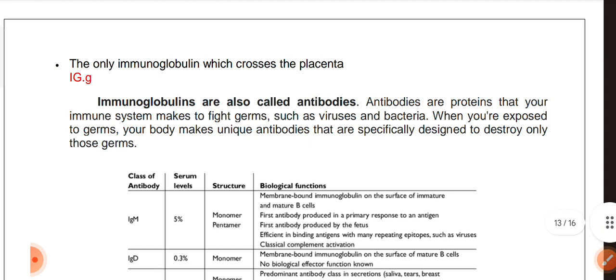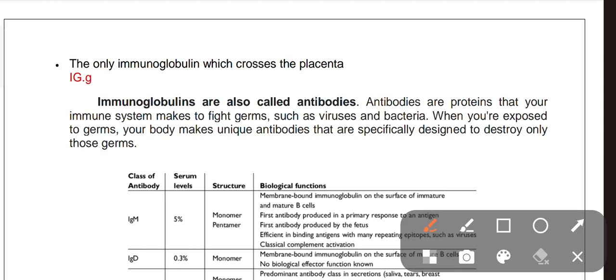And the next point is the only immunoglobulin which crosses the placenta. You all know IgG is the most abundant antibody in the blood. Immunoglobulins are also called antibodies. Antibodies are proteins that your immune system makes to fight germs such as viruses and bacteria.